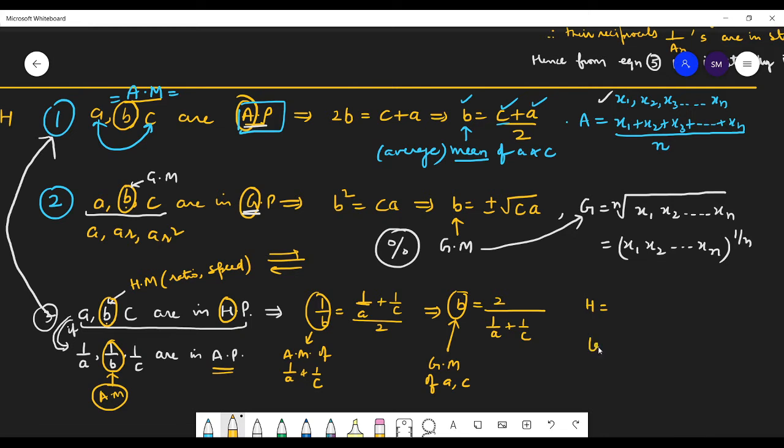Like average velocity will be equal to 2 divided by 1 by V1 plus 1 by V2, if you have gone this side with V1 and come back with V2. So that will be your formula for the average velocity, harmonic mean.